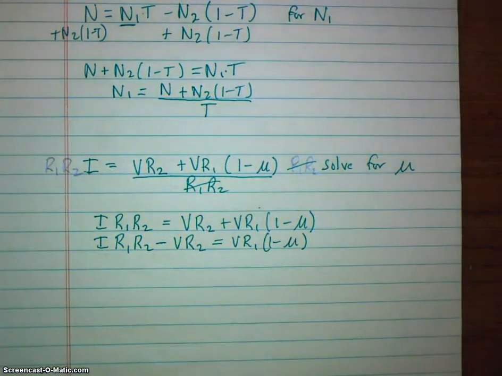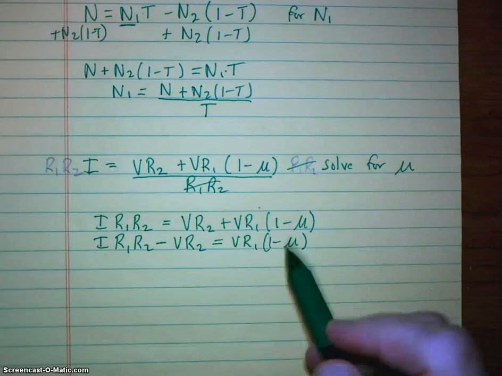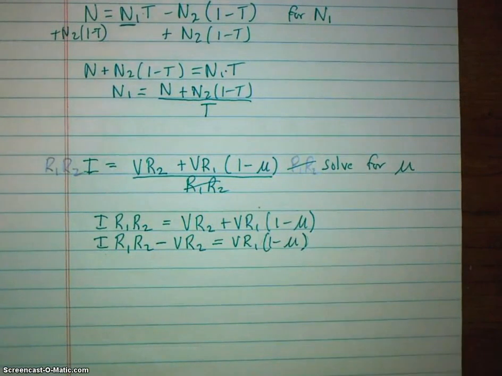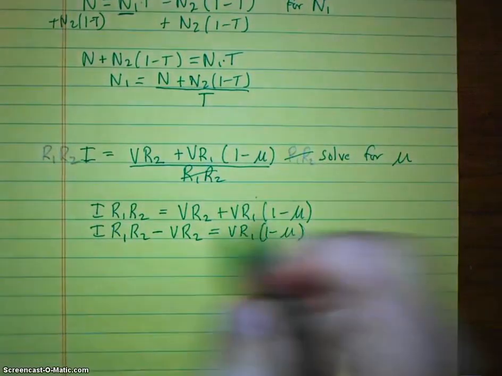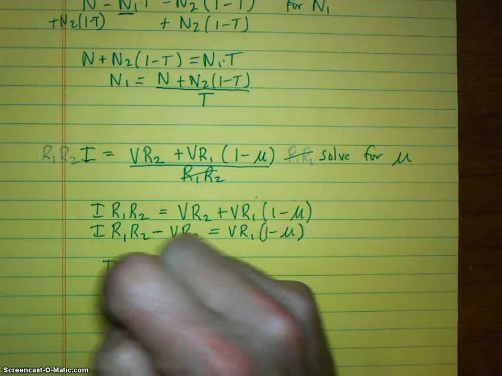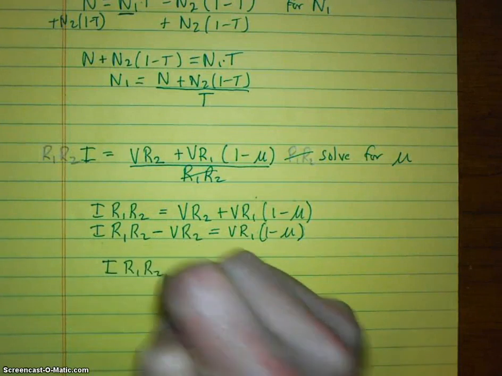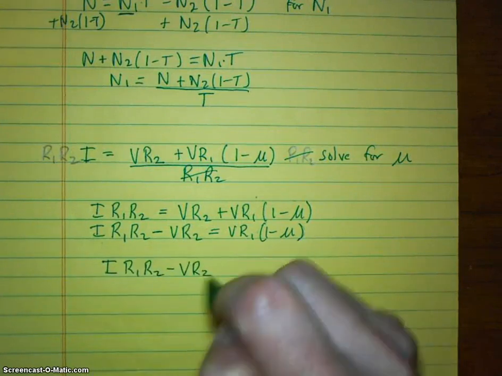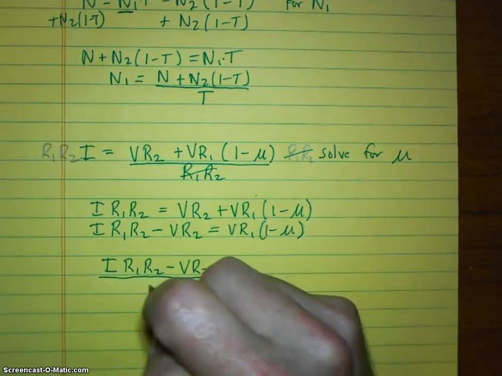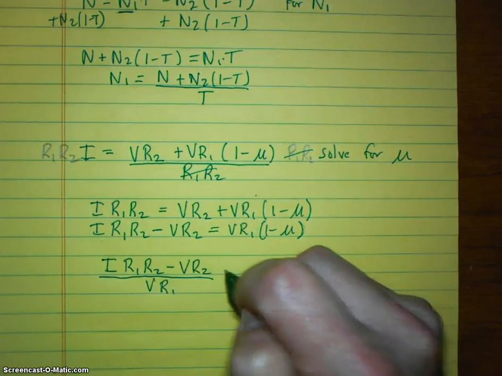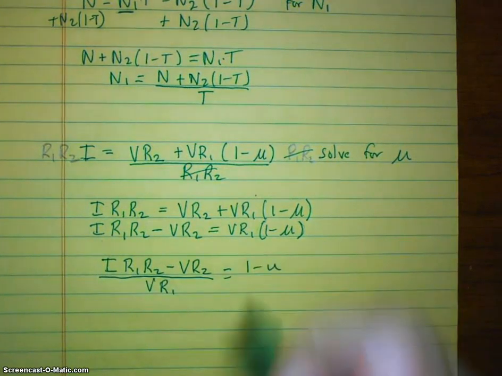All right, now similar to what we've seen a couple times here, I've got to get rid of this parenthesis. To do that, I could distribute or I could divide. I like to do the divide. That's my choice. If you like to distribute, do the distribute. So we're going to have I R1 R2 minus VR2 divided by VR1 is 1 minus mu.